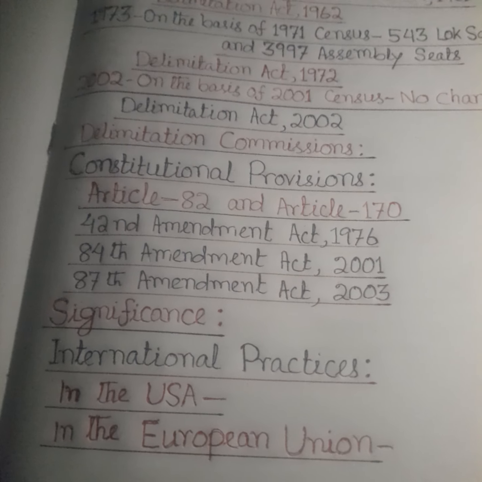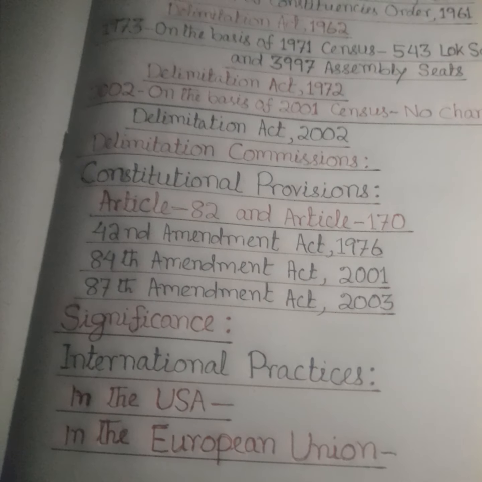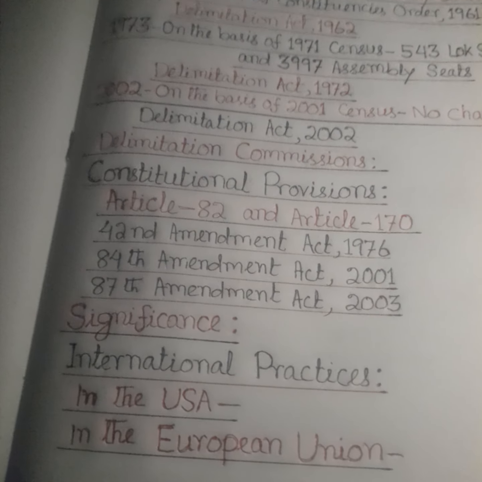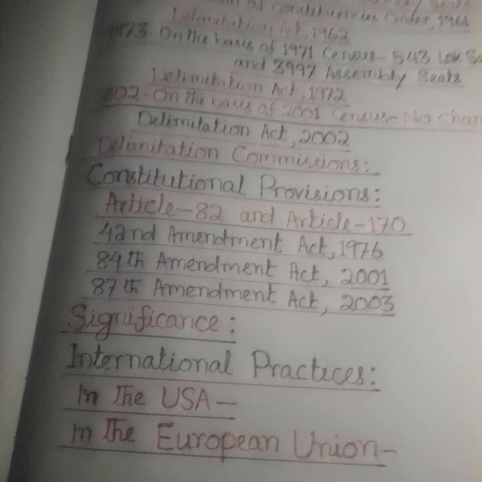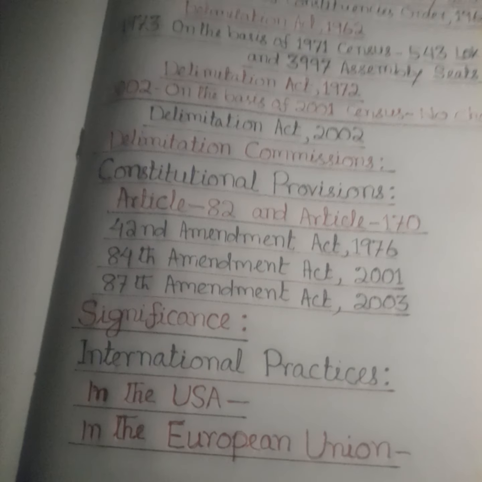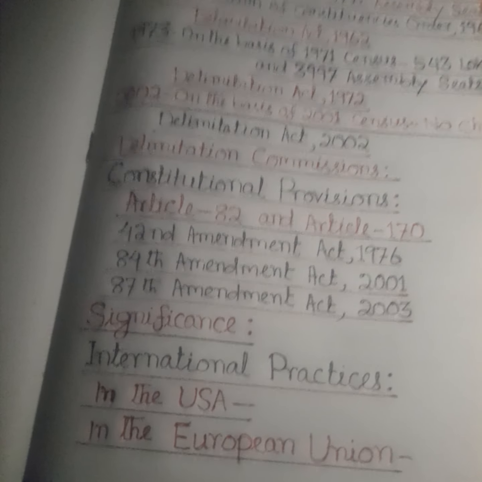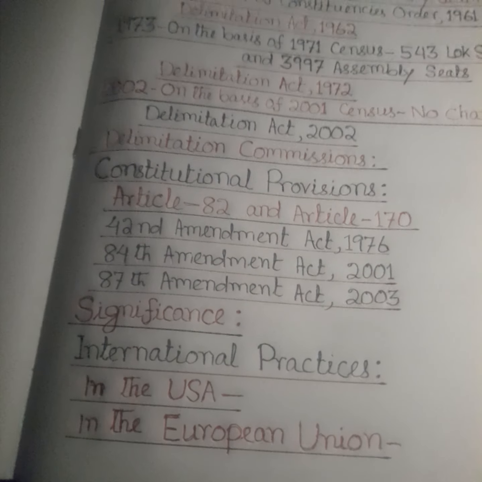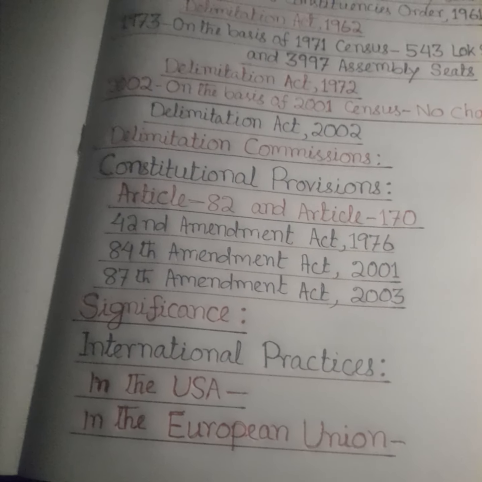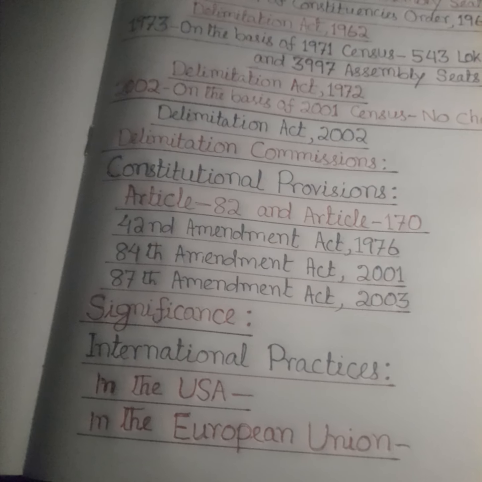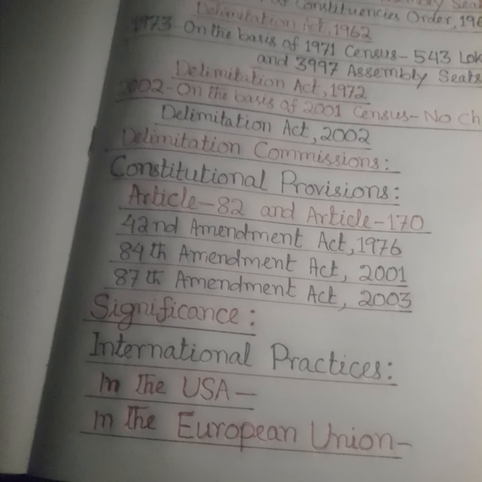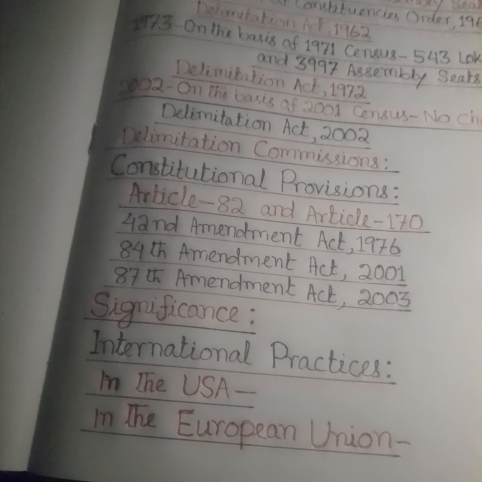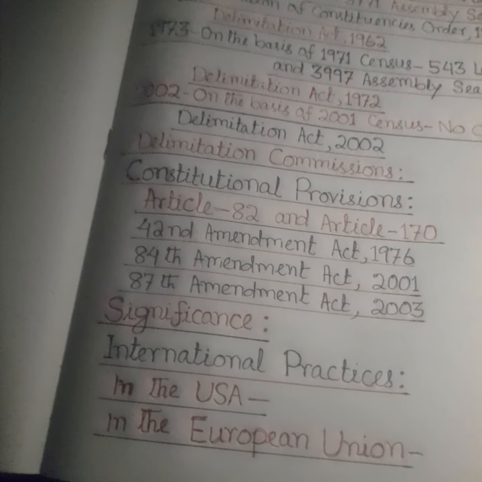It also has significance regarding reservation of seats for scheduled castes and scheduled tribes. Delimitation determines the allocation of reserved seats for scheduled castes and scheduled tribes in accordance with the constitutional provisions, ensuring adequate political representation for marginalized communities.